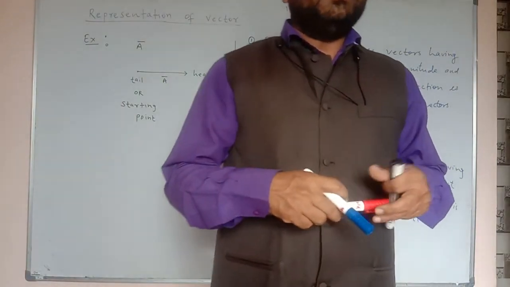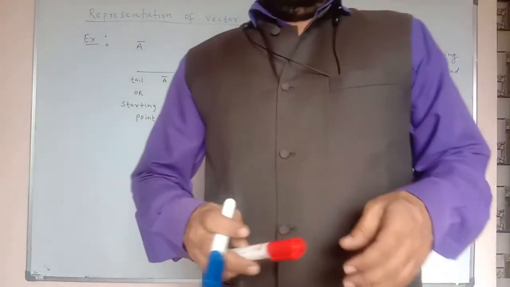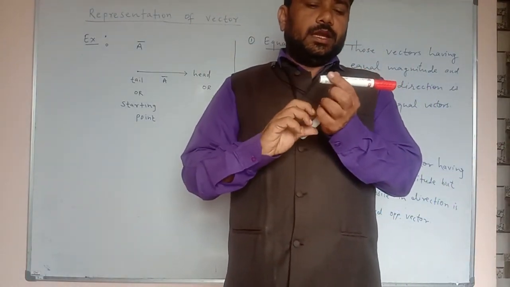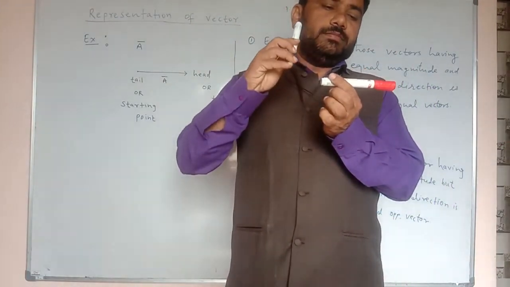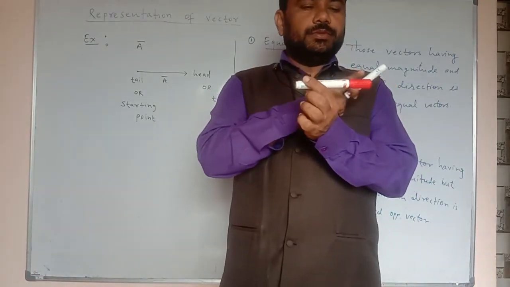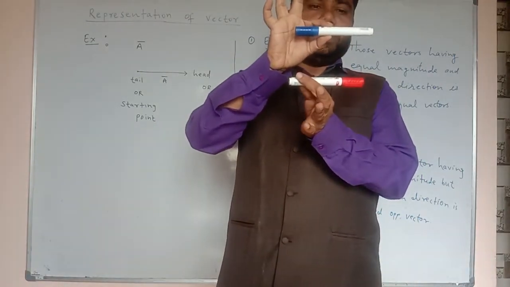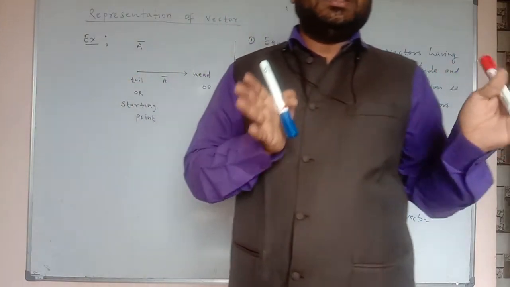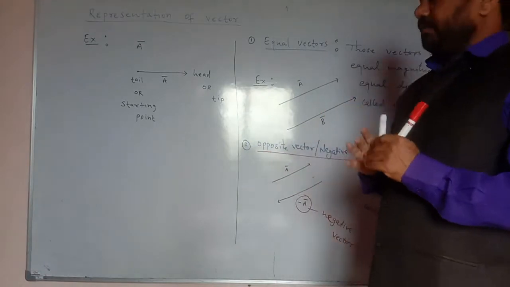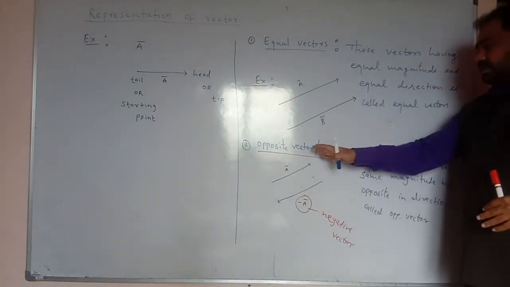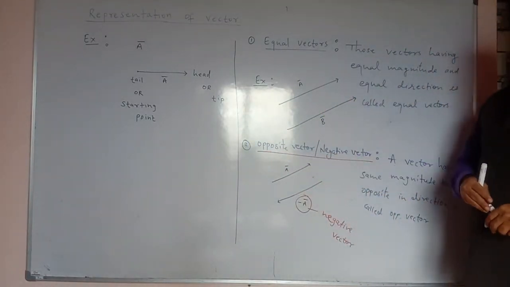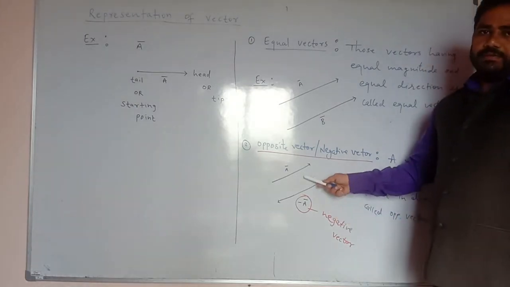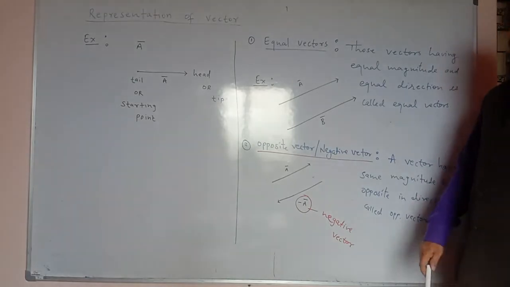Here suppose this is vector A, and if we draw another vector whose direction is exactly opposite to vector A, they are opposite in direction but their magnitudes are equal. Such a vector is called an opposite vector, or negative vector. So this vector is the negative vector of vector A. Okay.